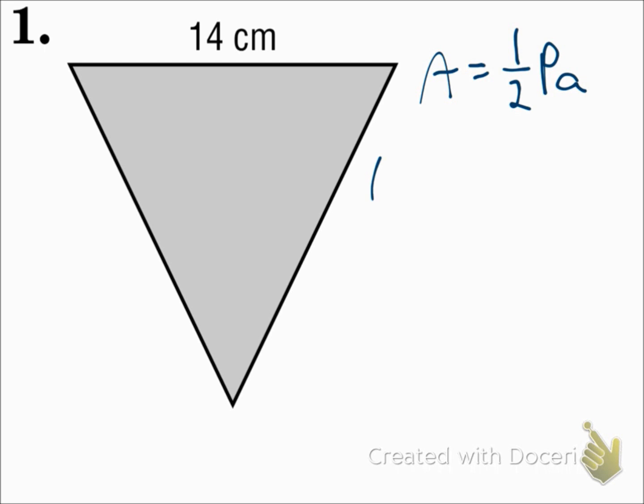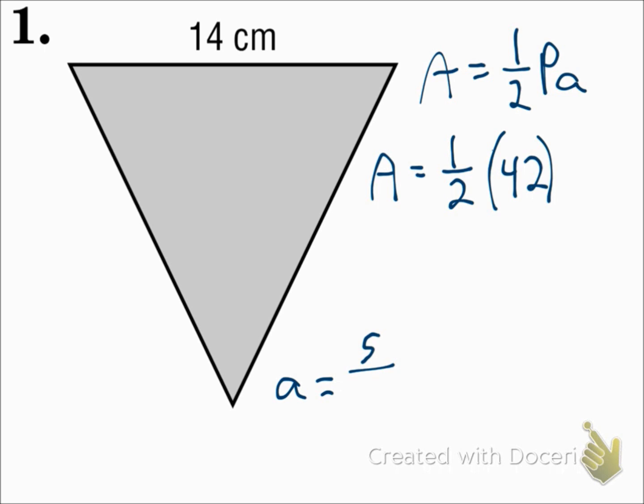For a triangle, we know one side is 14, so the perimeter is going to be 14 times 3, which is 42. And then for the apothem, I can use my apothem chart, using apothem equals side over 2 times the tangent of 30 degrees.